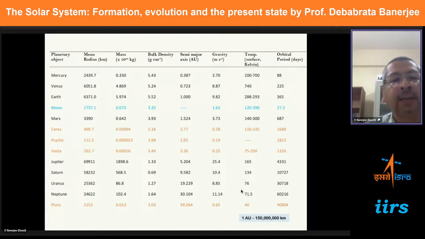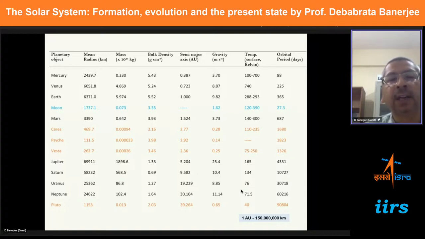And Vesta is 262 kilometers, and it has been linked with the HED meteorite group. And then you have Pluto, which is much smaller than the other planets, with a size of 1153 kilometers.